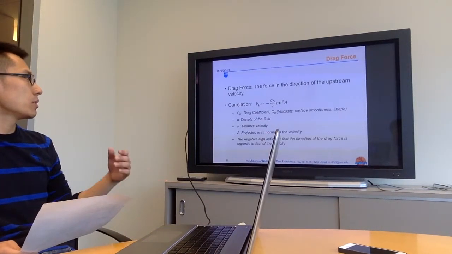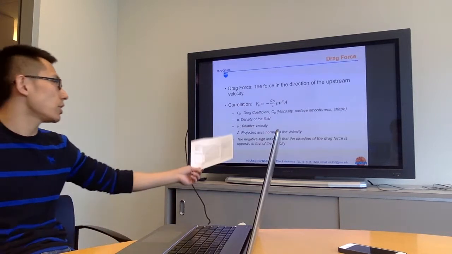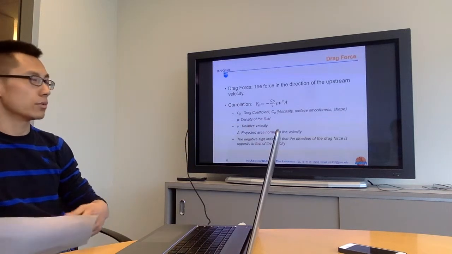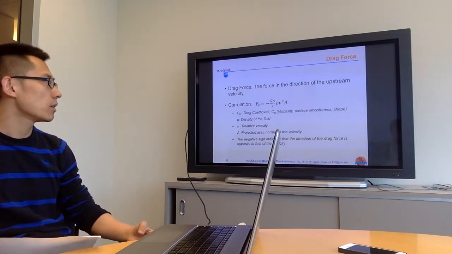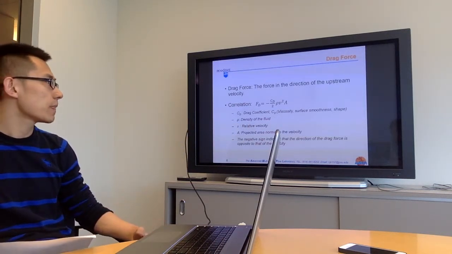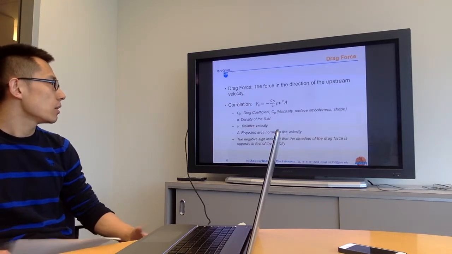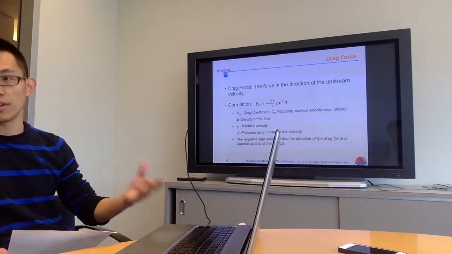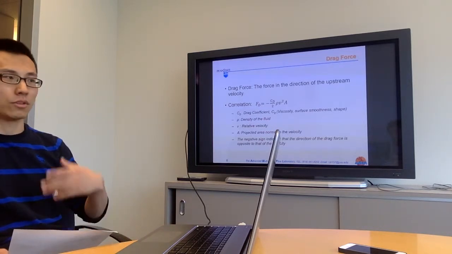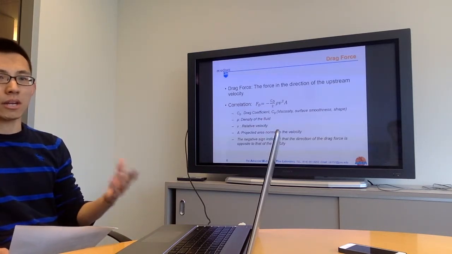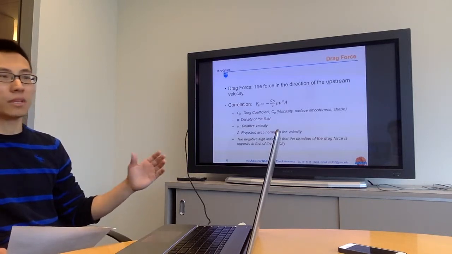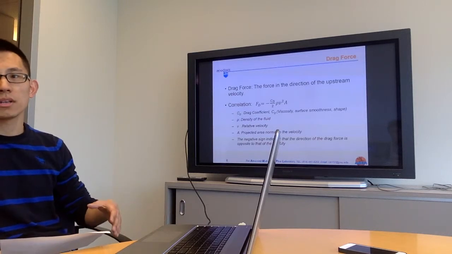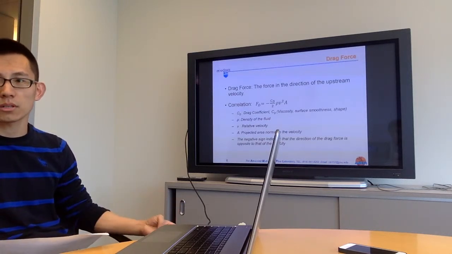About this equation, CD is a drag coefficient, so it's a function of the velocity, viscosity, surface smoothness, and the shape. The viscosity means the fluid viscosity. If you run in the air, it means the viscosity of the air. If you swim in the water, it's the viscosity of the water.